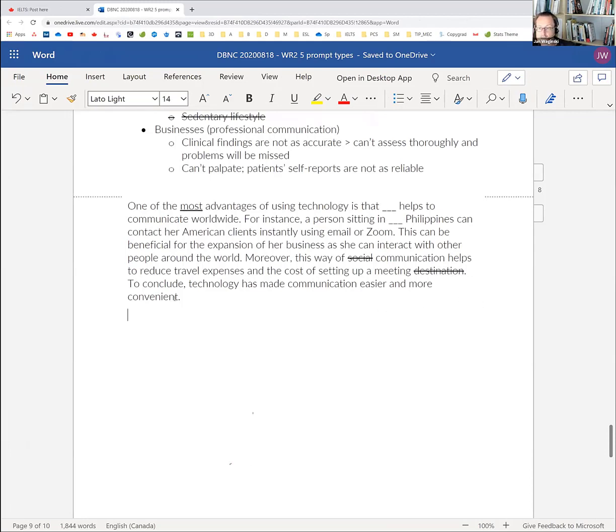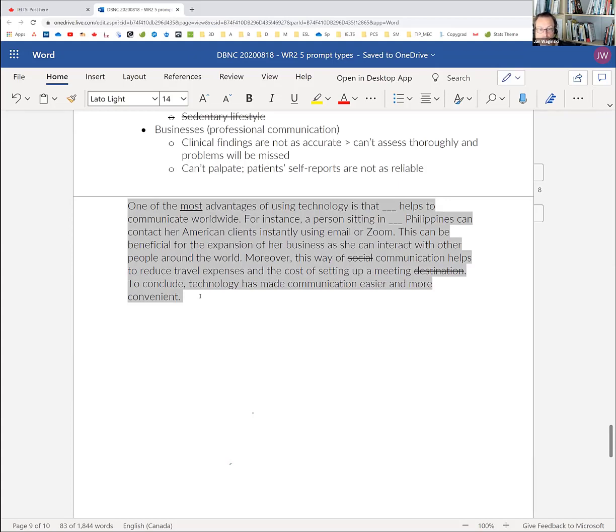Okay. Kelly, are you there? Yes, I am. Okay. This is a good start. Now, what's missing here? What do you have to always include for IELTS that's missing from this paragraph?